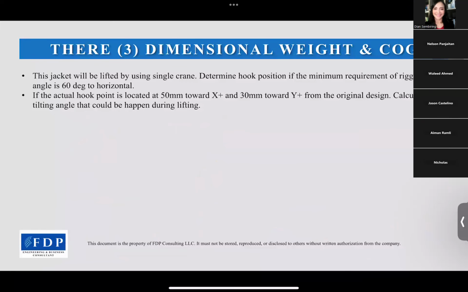Now the next question is, if the actual hook point is located 50 millimeters toward X plus and 30 millimeters toward Y plus from the original design, calculate the tilting angle that could happen during lifting.